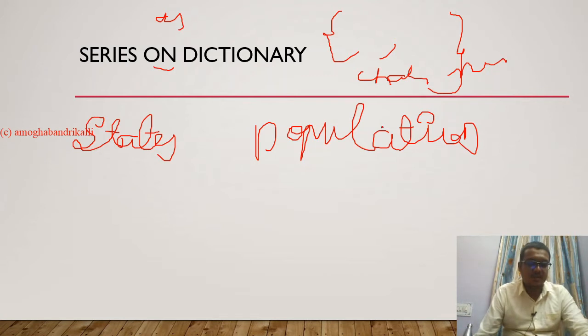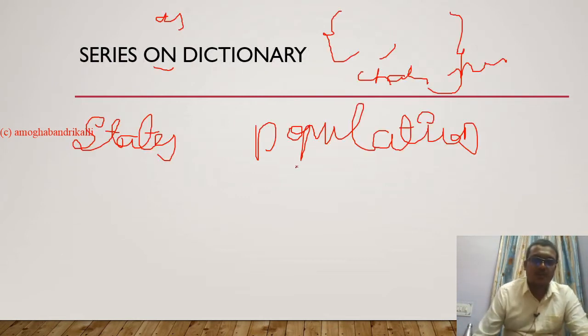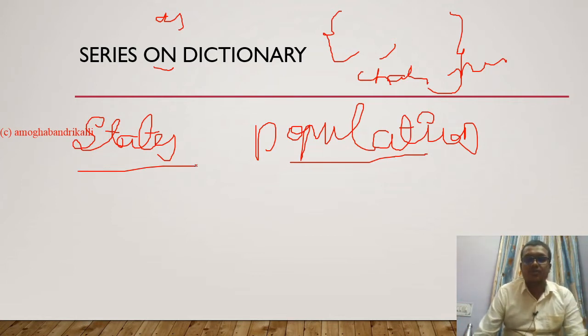We are going to see how this population can be accessed and how the states can be accessed. The same thing will apply to a real-time data set.